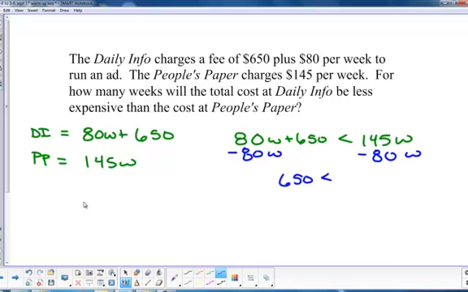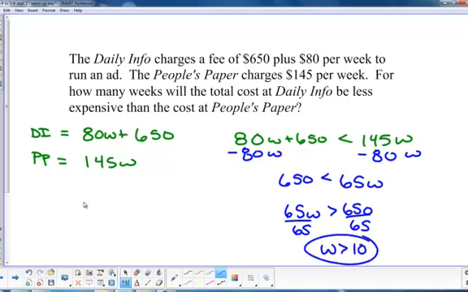We're just not going to have a negative to worry about flipping, so that's the perk of doing it this one time. So I'm going to rewrite this with my letter on the left. The Pac-Man inequality still eats my letter. And to isolate the W, you're going to divide by 65. So W is greater than 10.